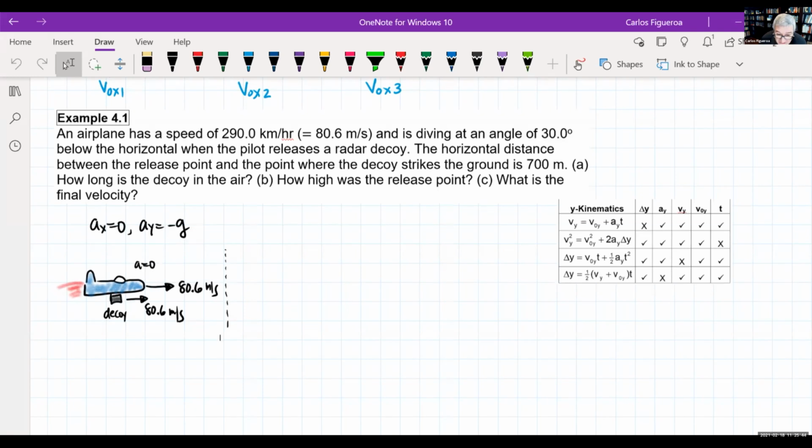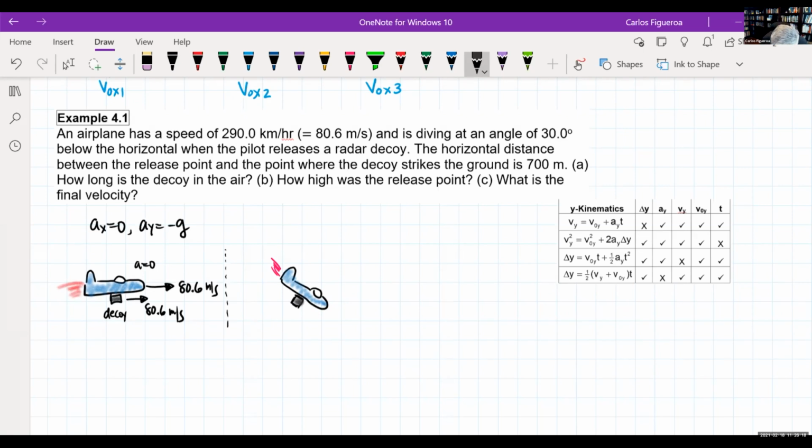Now the airplane is in a dive. As it's in a dive, the airplane is at some angle. What's the angle? Here's the horizontal. Let's put the decoy in here, being released.